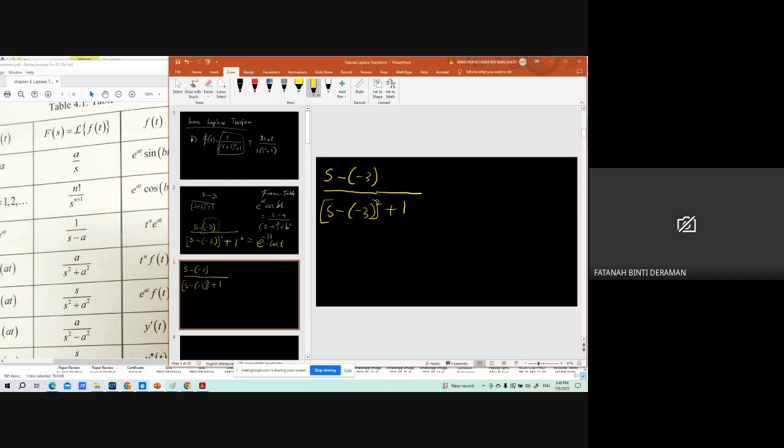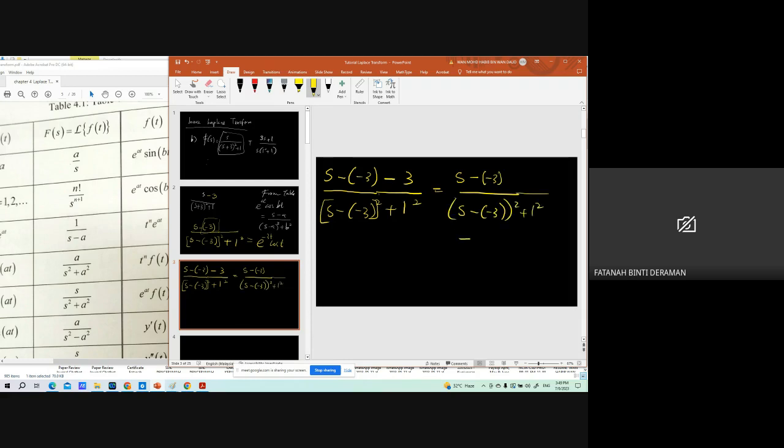So plus 3 minus 3 is 0. So what will happen here is s minus 3 over s minus 3 square plus 1 square.